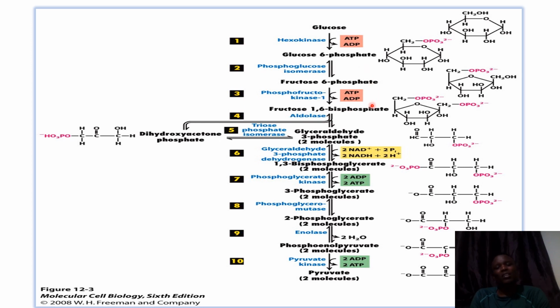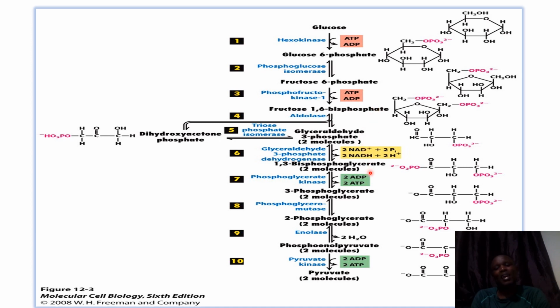And now in the splitting phase, you can see fructose 1,6-bisphosphate is split into dihydroxyacetone phosphate and glyceraldehyde 3-phosphate. This is the splitting phase.